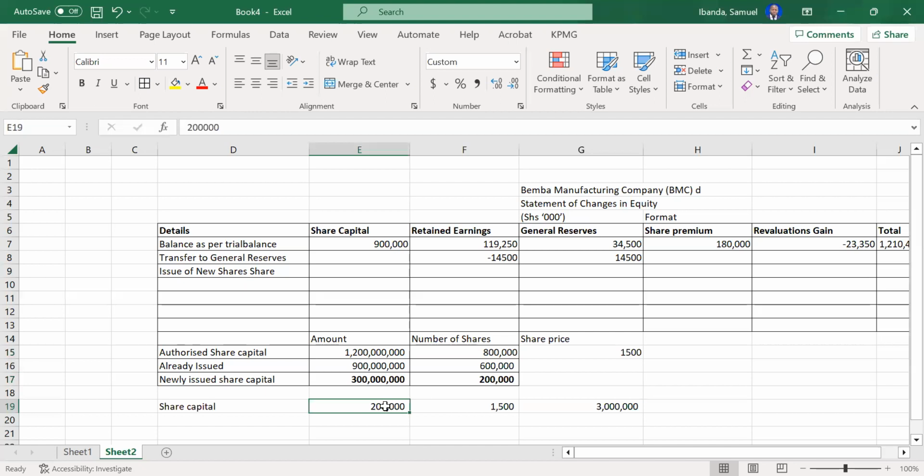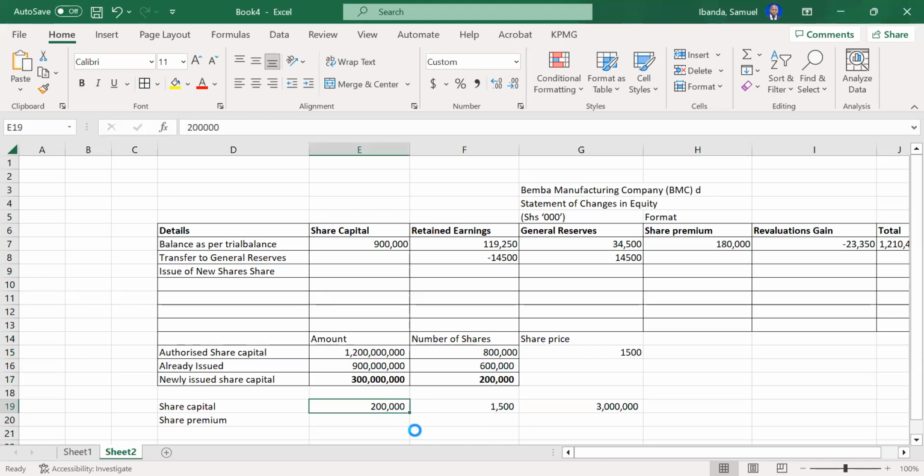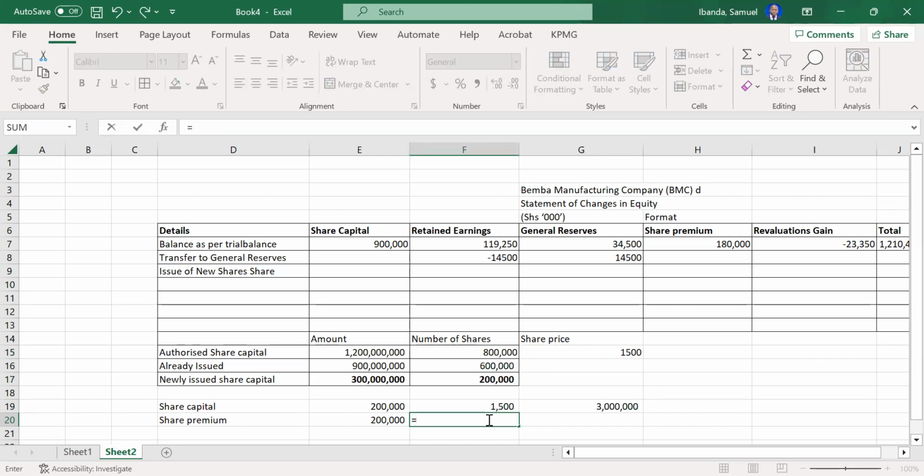Now, yours is also to look at whether we have anything called share premium. Share premium will be the shares to be issued, but this time we multiply by the difference, because they issued at 2,000, so it will be 2,000 minus 1,500. What's the difference?